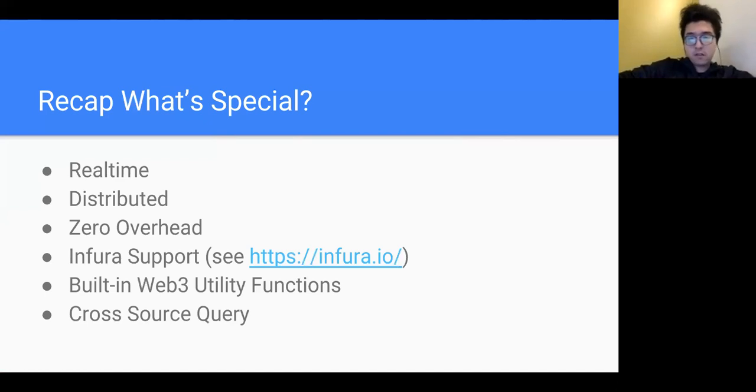It's also distributed. You can deploy multiple nodes, although you do have the bottleneck problem where the single Ethereum node is possibly a bottleneck, but it's distributed. And the third thing is zero overhead, because if you dump data to MySQL, you definitely need more storage to hold all that data.